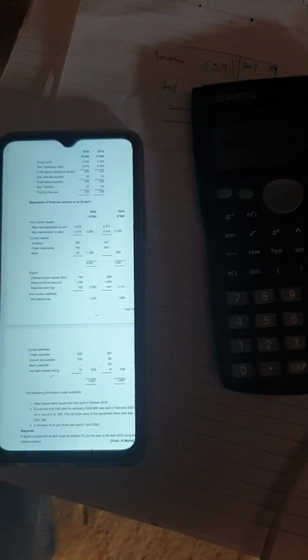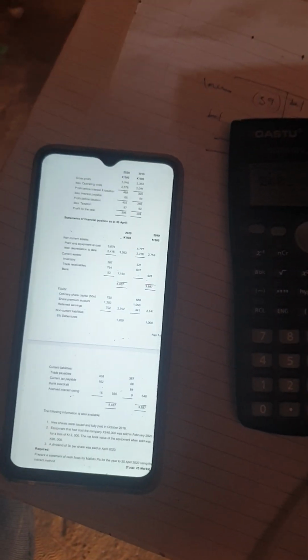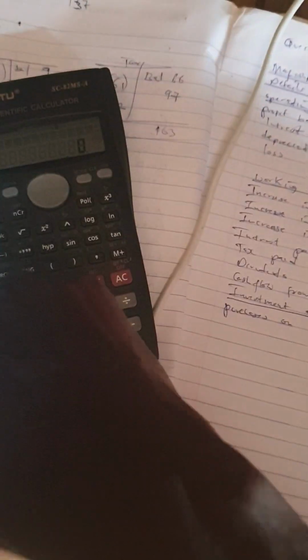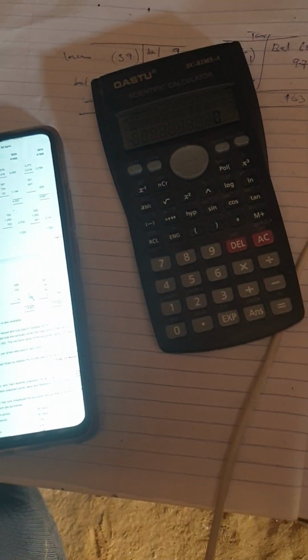Then also we said proceeds from disposal. How much did we dispose them? So they're saying the cost of these assets were 240. We sold them at a loss of 12. They're saying the net book value of the equipment when we sold was 96,000.